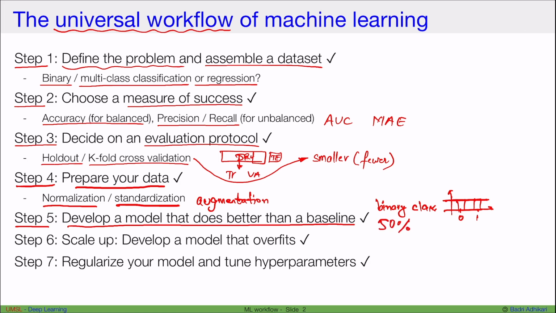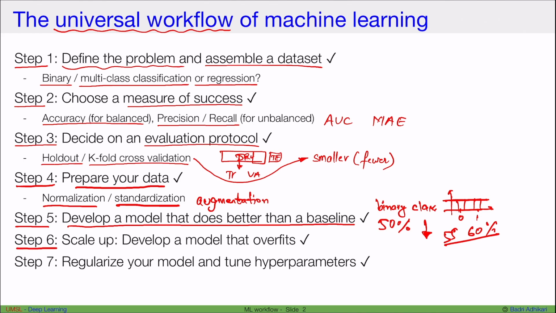Similarly, for multi-class classification, you may have a lower baseline accuracy, but you have a baseline value of the metric. So what we want to do in this step 5 is to develop a model that does better than a baseline, a model that gives you at least 55% or 60%, anything that's higher than what a random model would do.